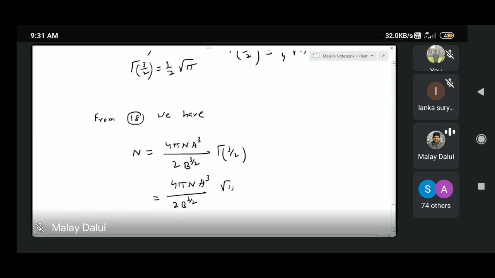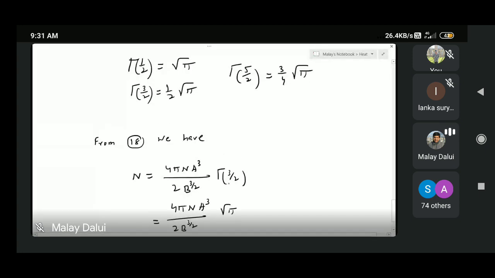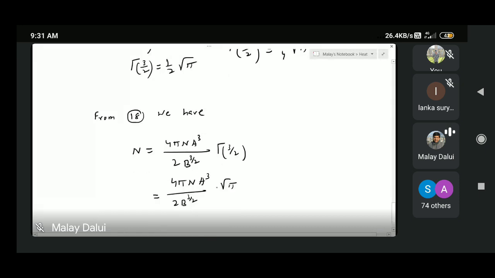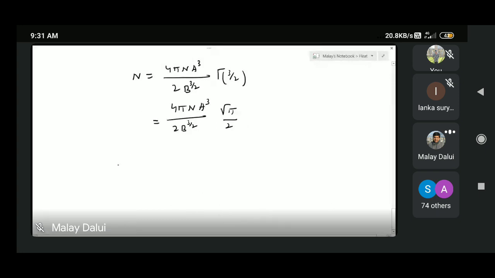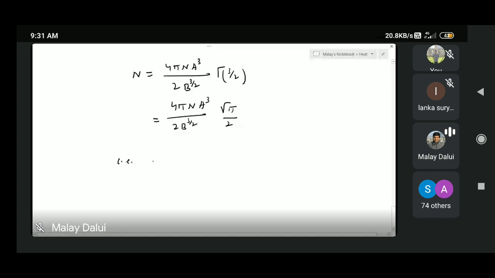Gamma of 3 halves is root pi by 2. That is a cube.